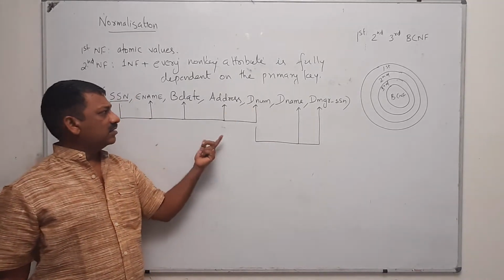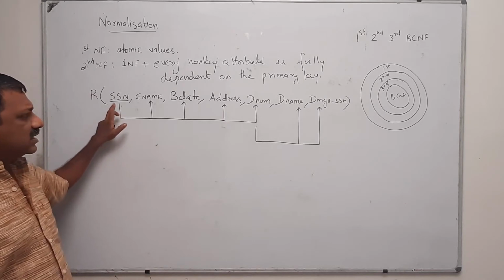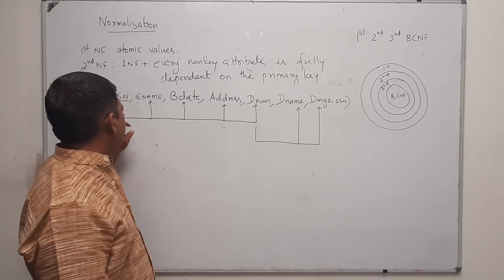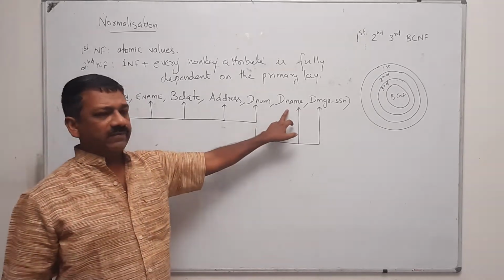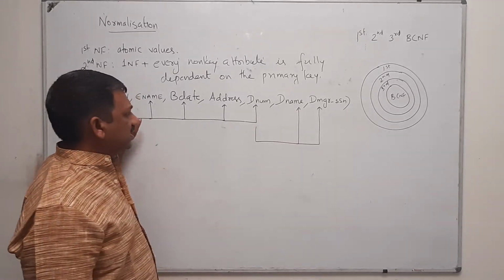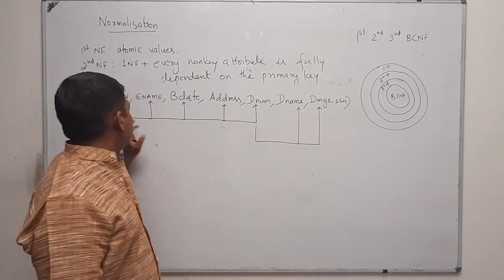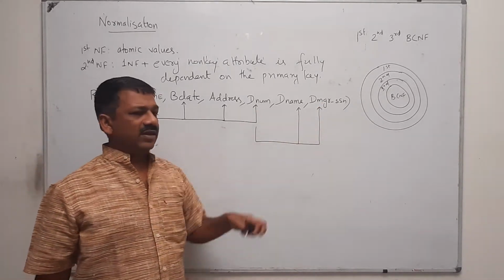As SSN determines D number and D number determines D name, SSN determines D name; and as SSN determines D number and D number determines D manager SSN, SSN determines D manager SSN.